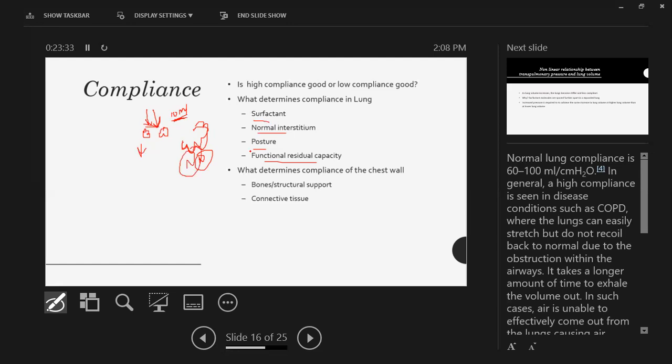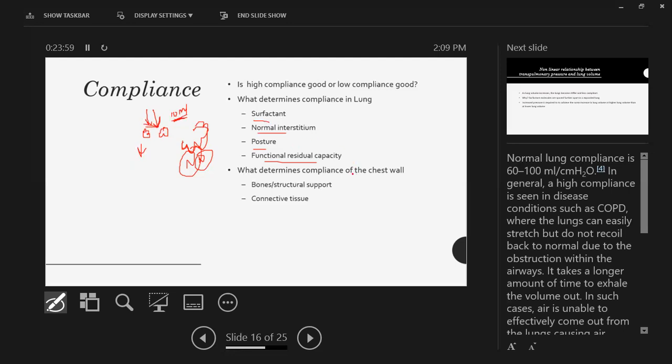Again, the same principle applies. Posture, say in a patient with severe kyphoscoliosis, reduces the functional residual capacity. Anything that reduces the functional residual capacity will compromise compliance. Take it as a dictum: anything that reduces functional residual capacity will reduce compliance.